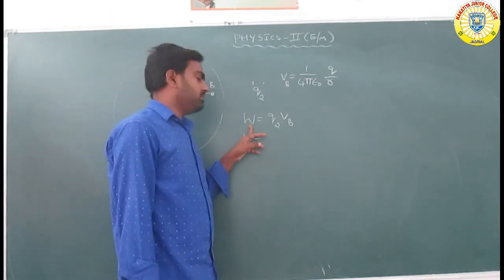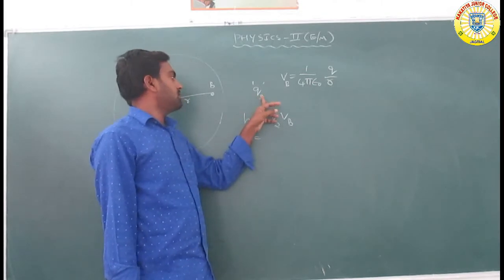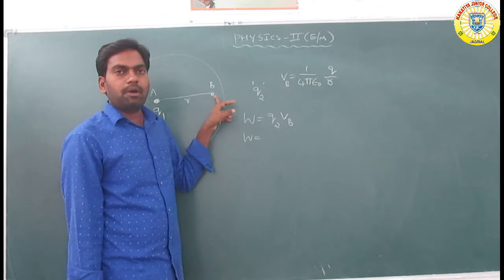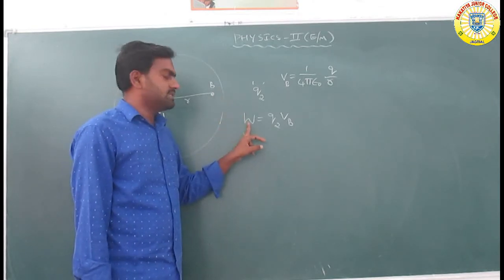The Q2 charge is taken from outside to inside the field at point B, and that is the work done.